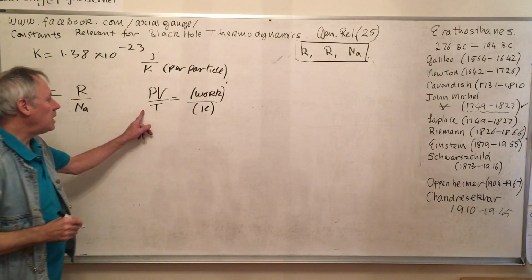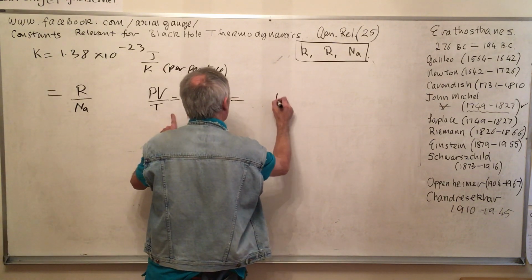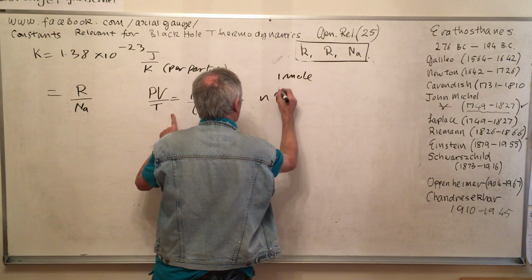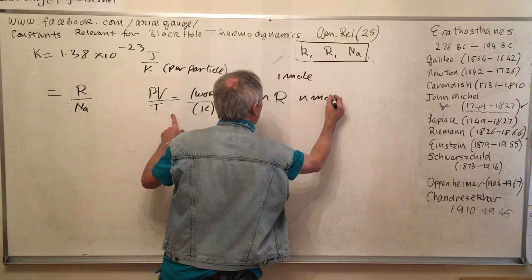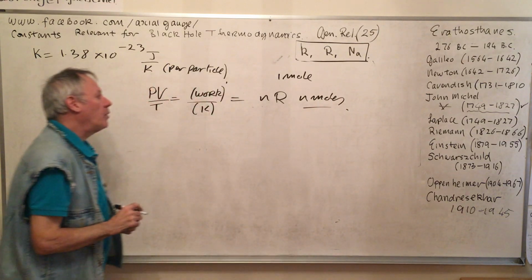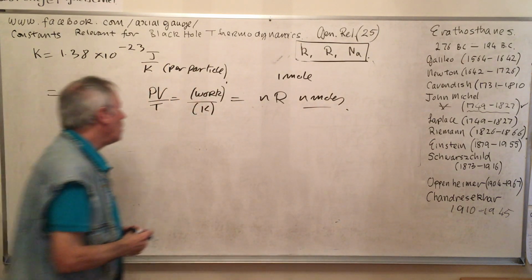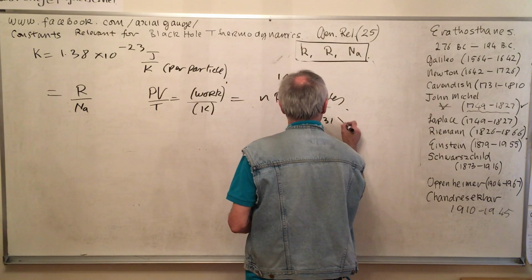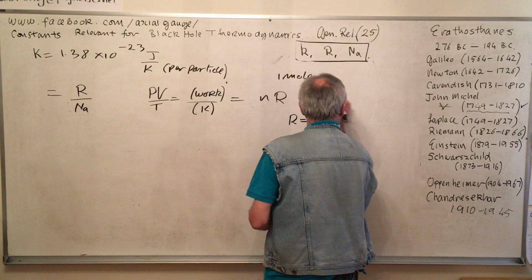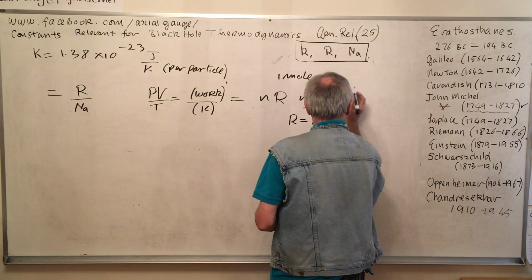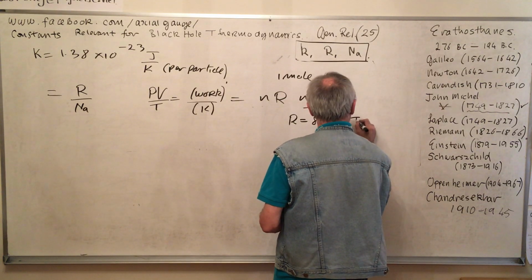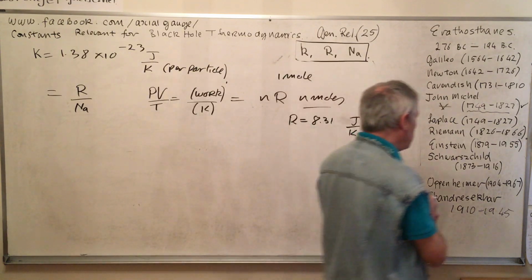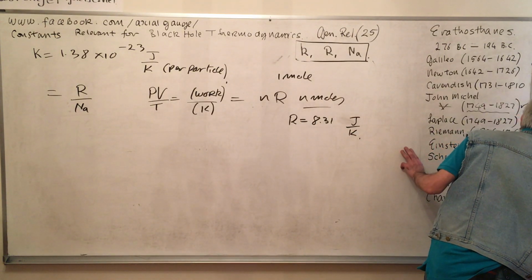Well, PV over T is the universal gas law. And it's equal to R for 1 mole, or NR for n moles. And R is 8.31 joules per Kelvin, is the universal gas constant.